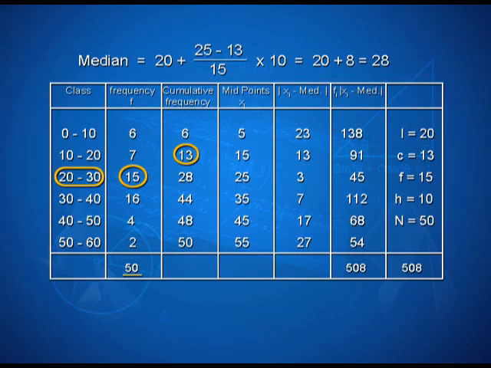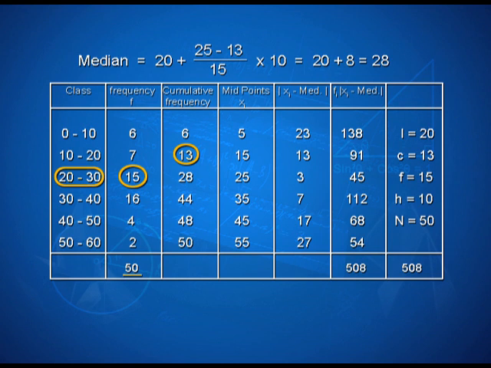Now, we shall prepare a table having the following columns: first representing the classes, second the frequency, third showing the cumulative frequencies, fourth showing the midpoints xi, fifth showing the absolute value of xi minus median, and next the product of fi into absolute value of xi minus median.